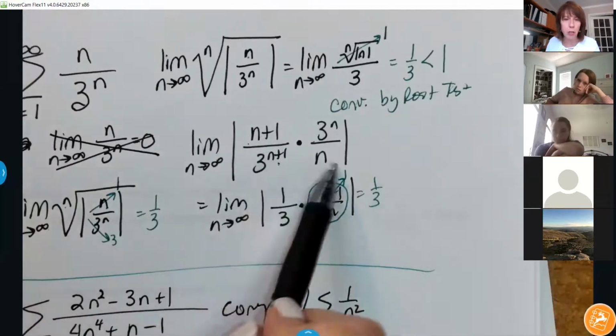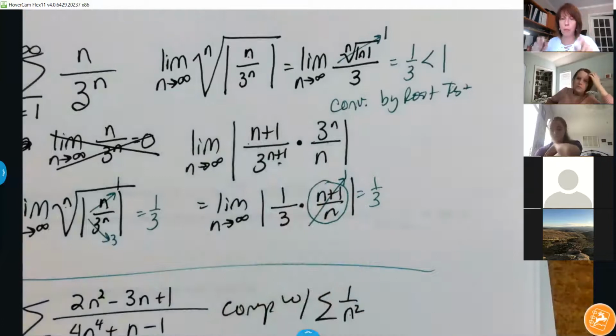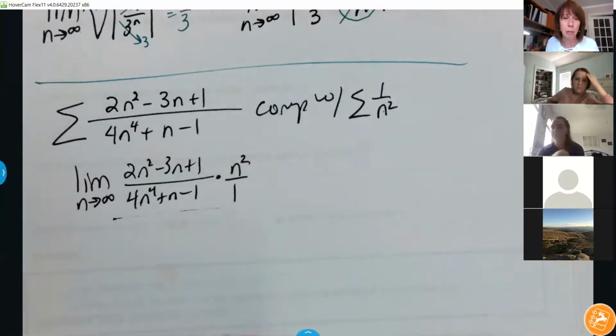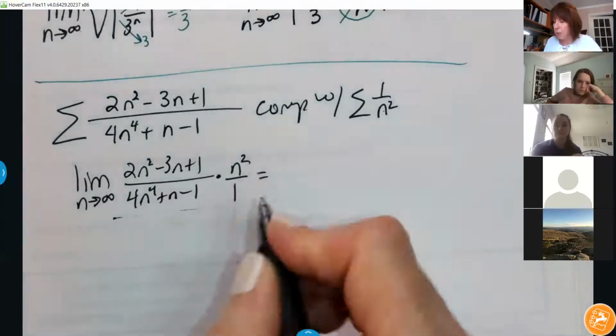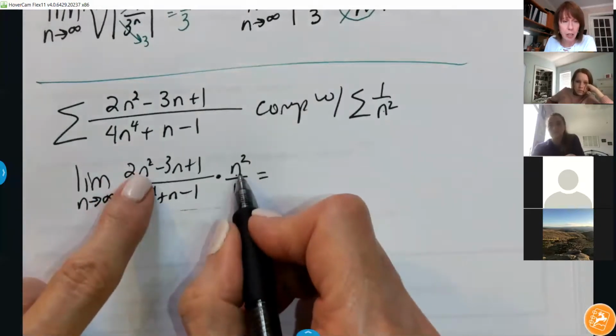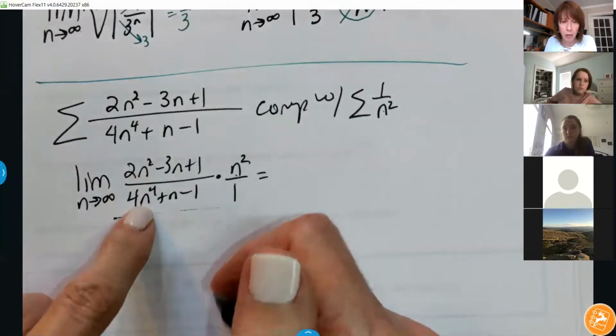Or form of the ratio test. Always set up your ratio test. You always get a point for the form, if it's an FRQ. So be sure to show that form. Don't try to do too many steps in one. But at this point, I would go ahead and just say what the limit is. The highest degree term will be 2n to the 4th. The highest degree on the bottom is 4n to the 4th.